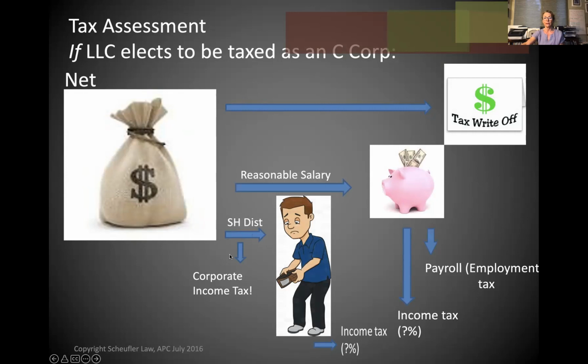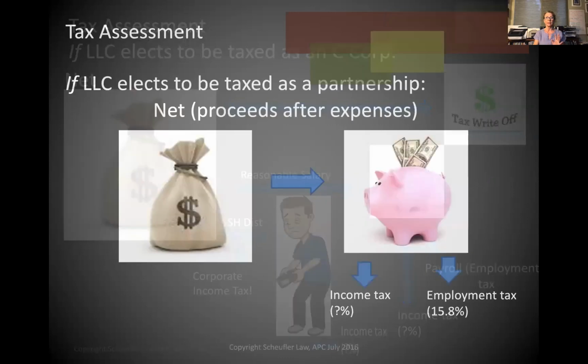If the LLC elects to be taxed as a corporation, but doesn't take that S election, there's corporate income tax that comes out first before you as the owner get your distribution. So it's taxed here and then it gets to you and then it's taxed, and we don't know what your income tax is, that's all based on your tax bracket. So that kind of explains the entity structure and why we would do it: liability assessment and tax assessment.